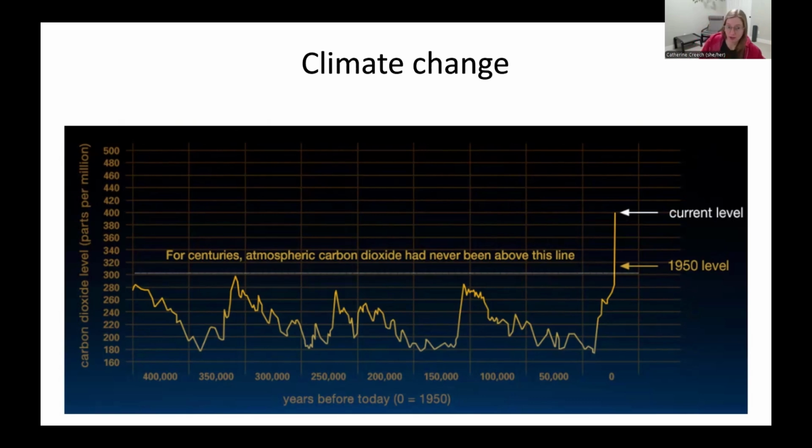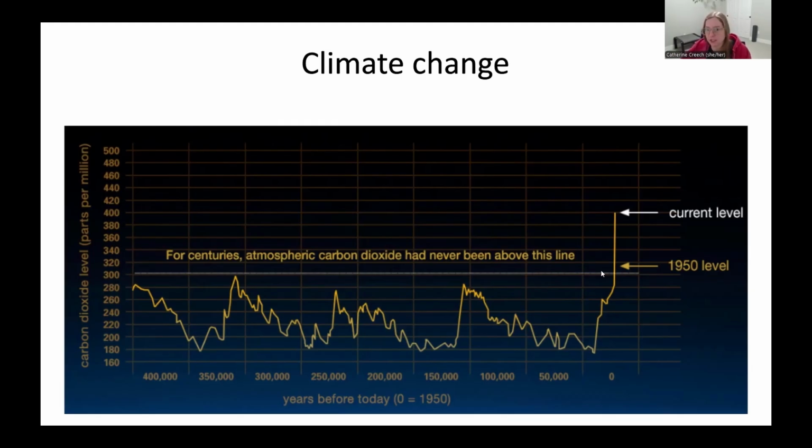The longest ago is about 400,000 years, and then we get to zero, which is today. This is a couple of years old, so it doesn't show you our current number of ppm carbon dioxide, but we have a different pattern, right? It increases and decreases, but generally hasn't gone above 300 parts per million in the last 400,000 years.